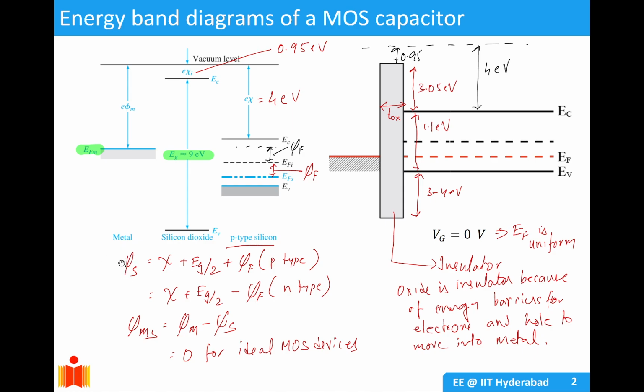That's how you get phi s, the work function of the semiconductor, and phi m, the work function of the metal. To get the difference between the two, phi ms, you do phi ms equals phi m minus phi s. If we consider ideal MOS capacitors, your phi ms will be 0. So your phi m and phi s will be at the same value in the ideal case.